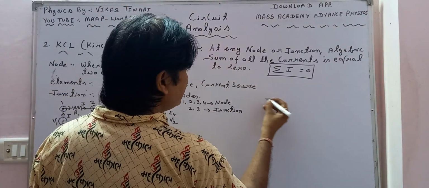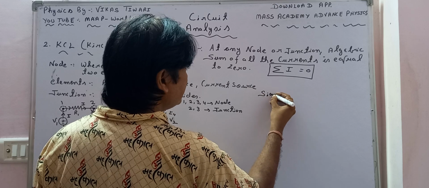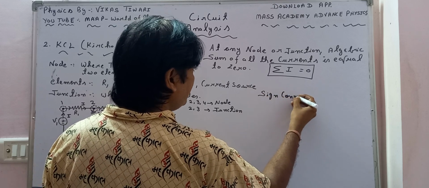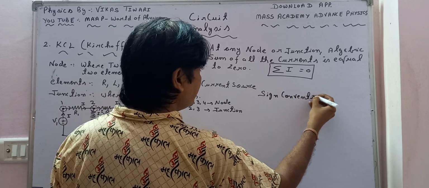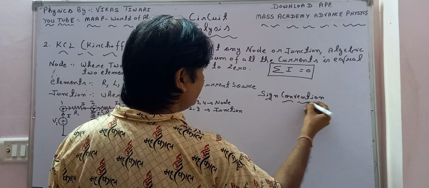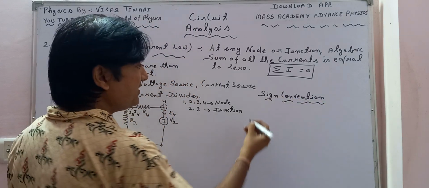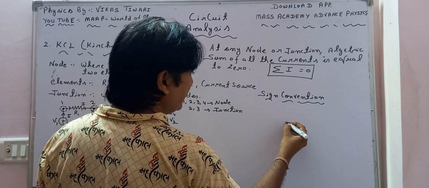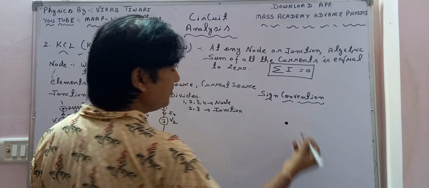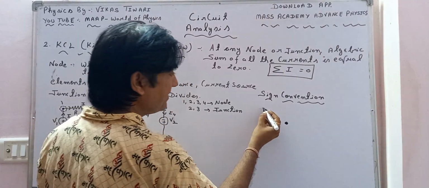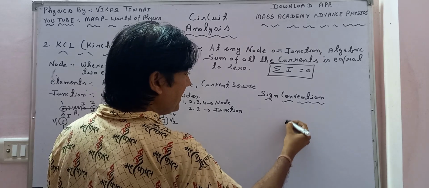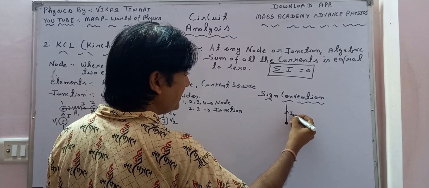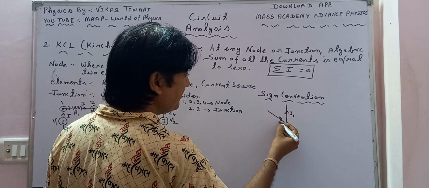What is the sign convention we are using? For that I am just taking an example. Suppose this is some node or junction over here. Some currents are outgoing from here, I1, some currents are incoming.